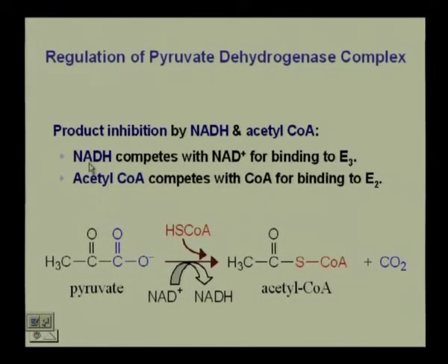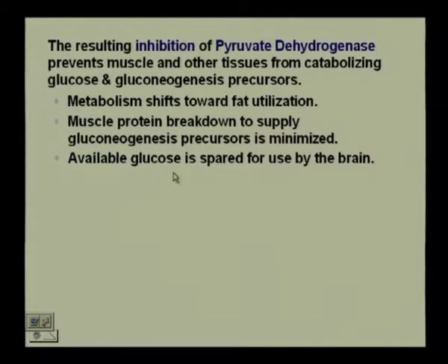So, it is inhibited by the product, and acetyl-CoA competes with coenzyme A for binding to E2, where this acetyl-CoA was a product of the enzyme E2. So, we now have product inhibition by NADH and acetyl-CoA, and this, as I mentioned, is the overall reaction.